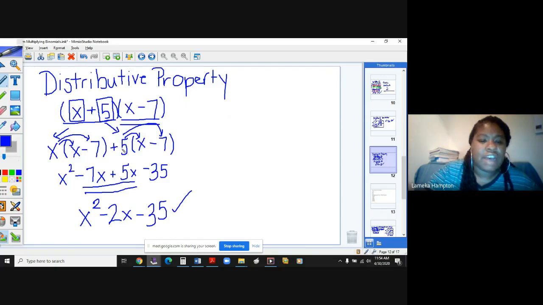And then I have 5 times -7 gives me -35. So again, my like terms are in the middle. I have them underlined here. So my final answer, yet again, is going to be x squared minus 2x minus 35.